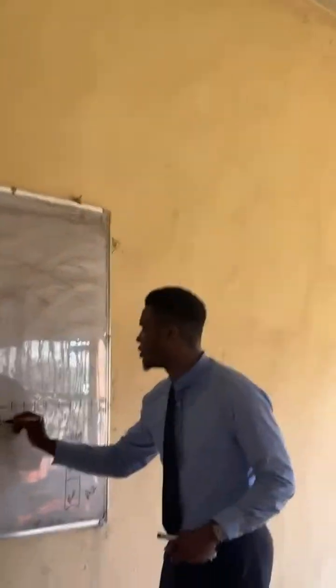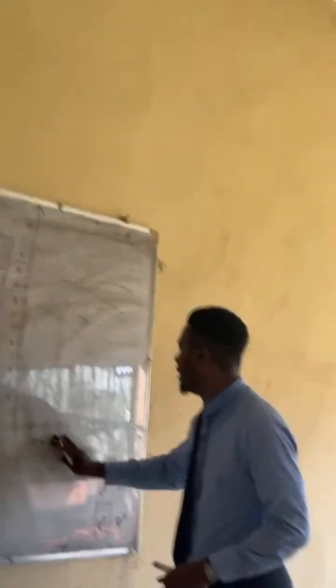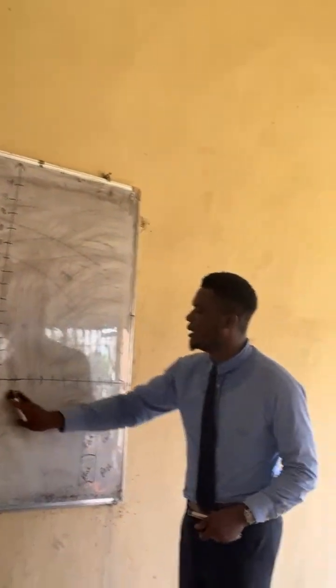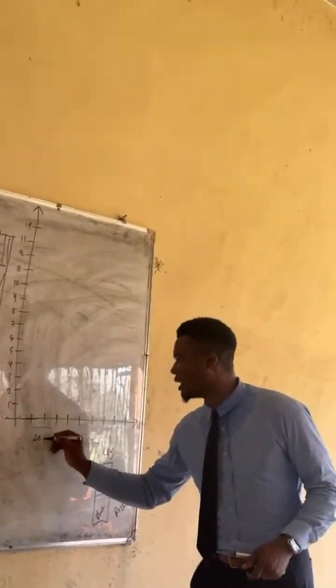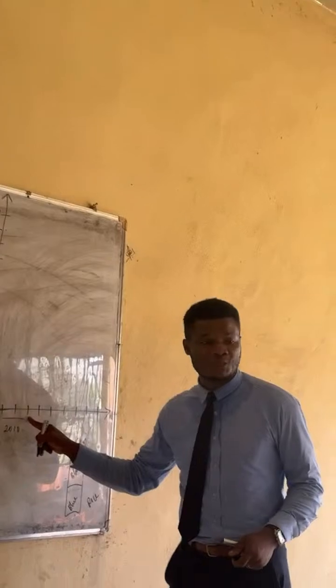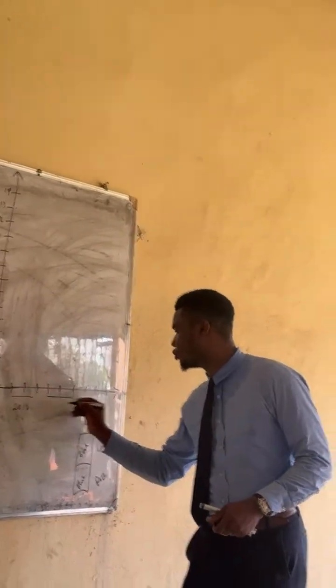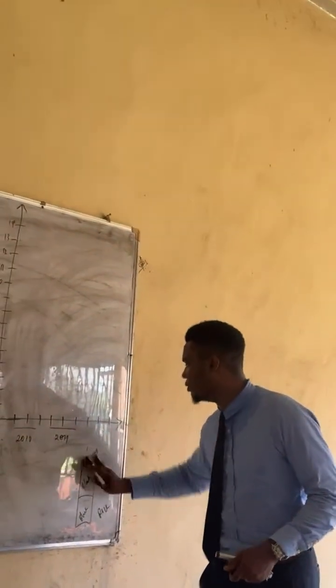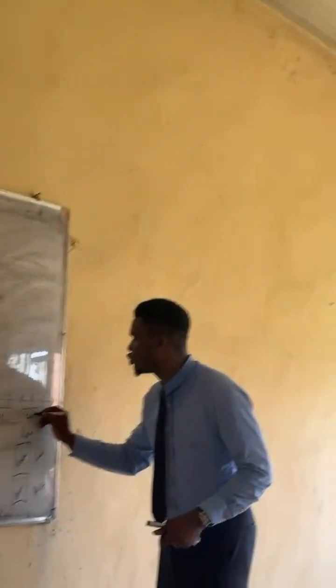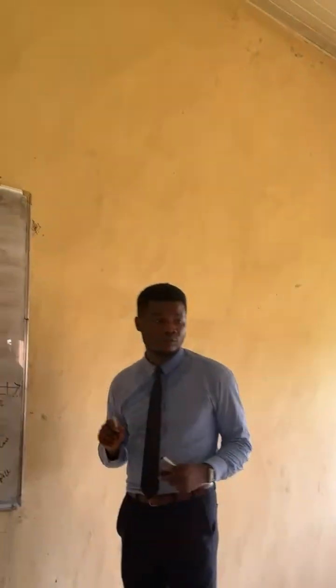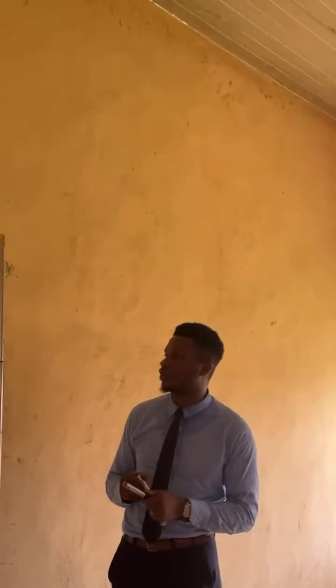Now, there are 2 bars placed side by side. So I'm going to take these 2 and call it 210. I'm going to give a space and take the next 2 and call it 211. I'm going to still maintain this queue. I'm going to take the next 2 and call it 212. And so on. So let's do the first and take the rest yourself.